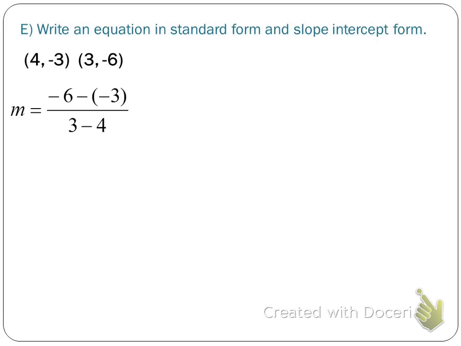So -6 minus -3 over 3 minus 4. Up top, a negative minus a negative. So it's like -6 plus 3. So what do you get up top? -3. On the bottom, 3 minus 4, you're taking away more than you have, so you get a -1. So what's -3 divided by -1? +3 is my slope. What are your questions?